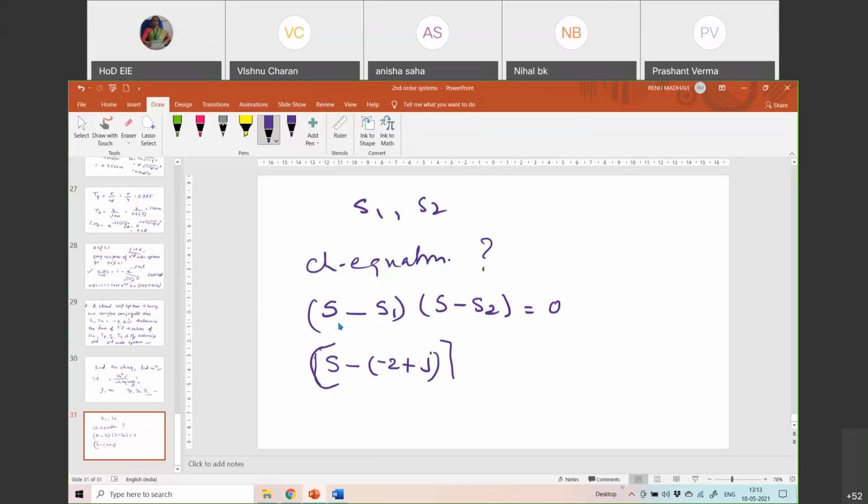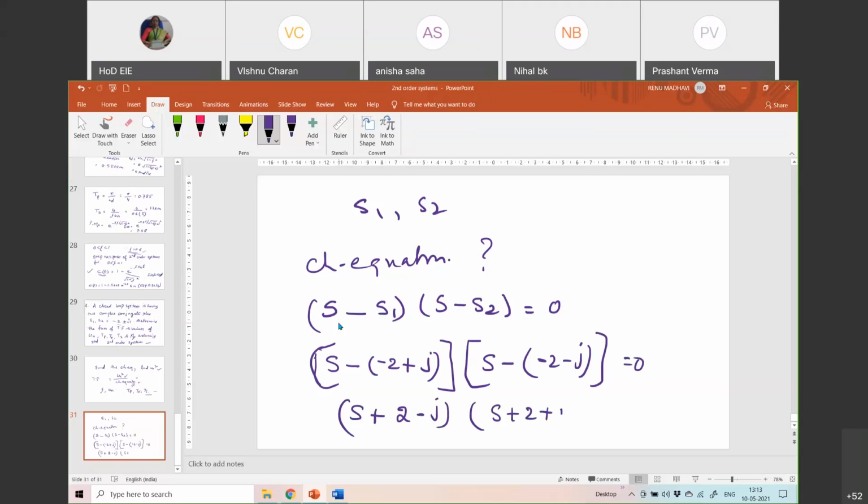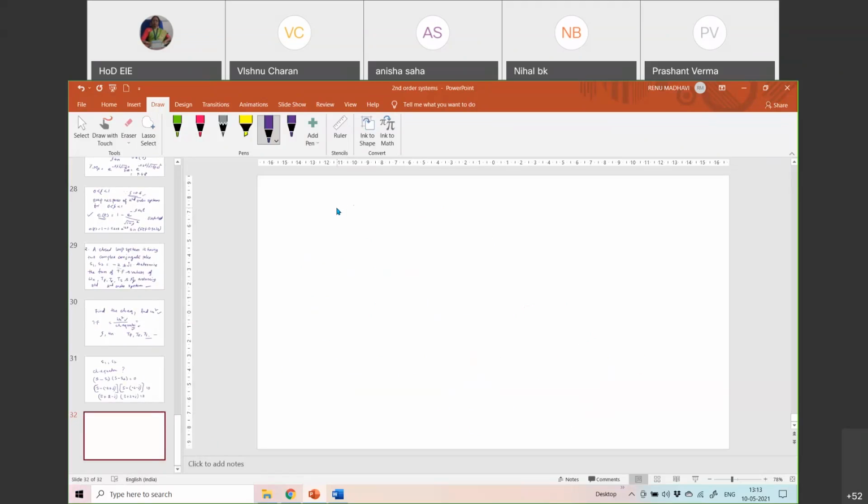So S1 is minus 2 plus j and S2 is minus 2 minus j. So this is nothing but S plus 2 minus j into S plus 2 plus j equal to 0. Simplify this, then let me know what the characteristic equation is.